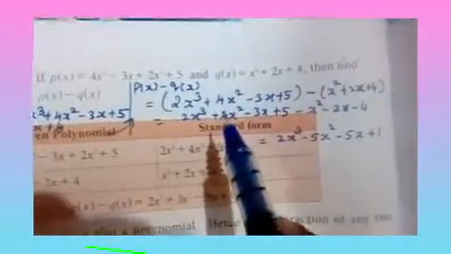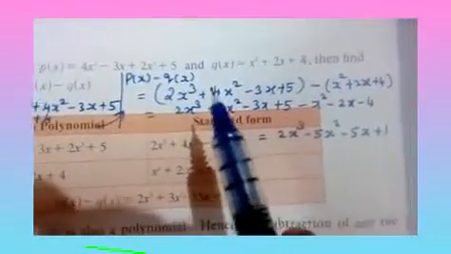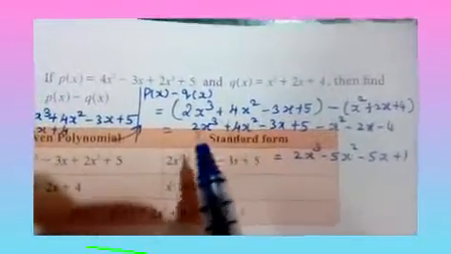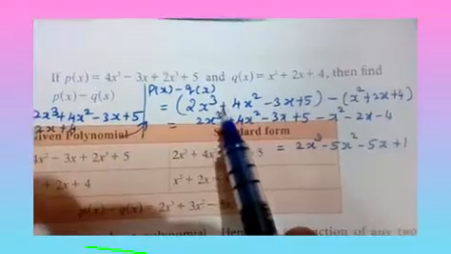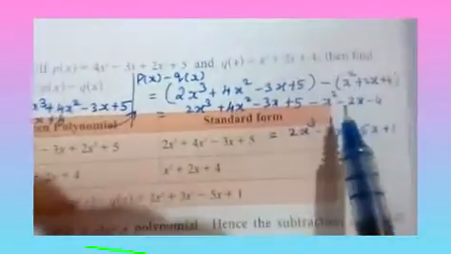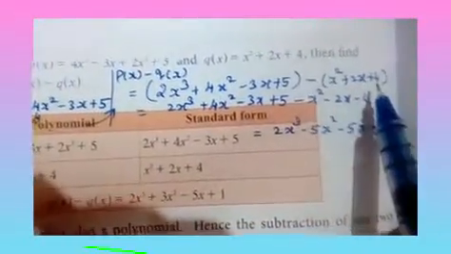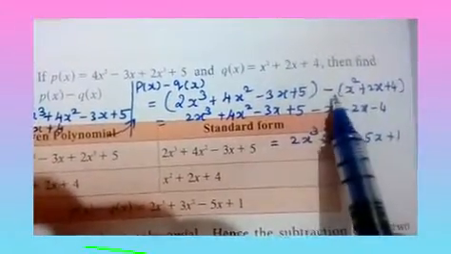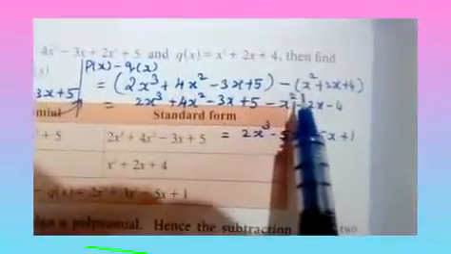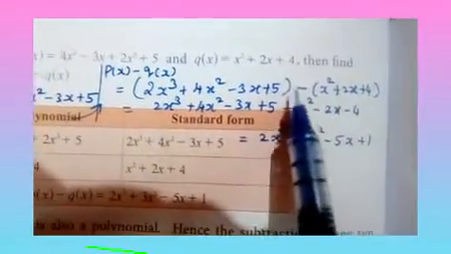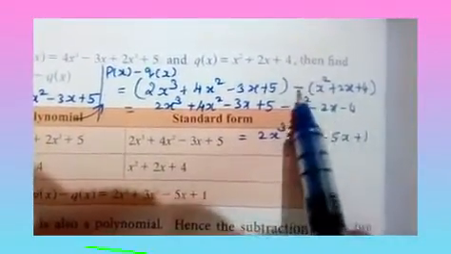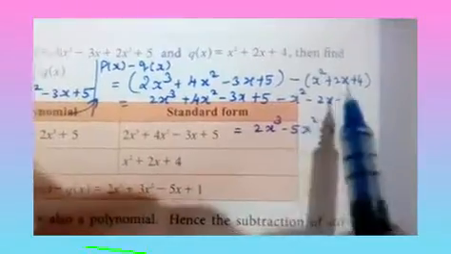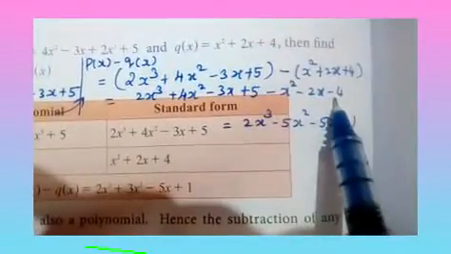Now p(x) − q(x). Use the row method, don't use the column method. For higher classes you have to follow this row method. First p(x) value. For a subtraction problem, use a bracket: minus q(x). The minus is outside the bracket, so take the minus inside: minus x^2, minus into plus, minus 2x, minus into plus, minus.